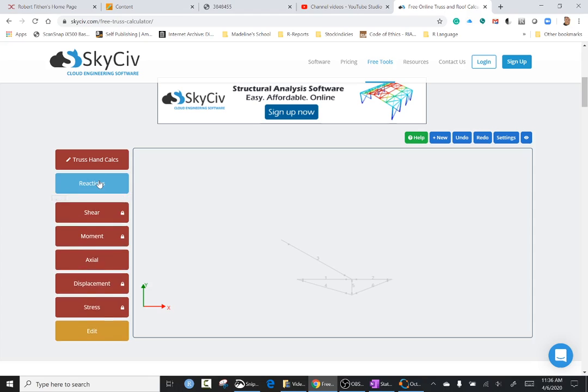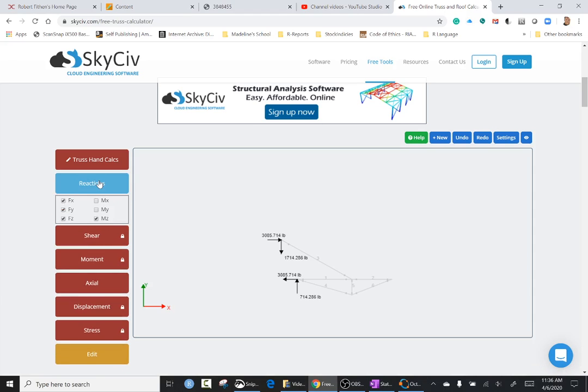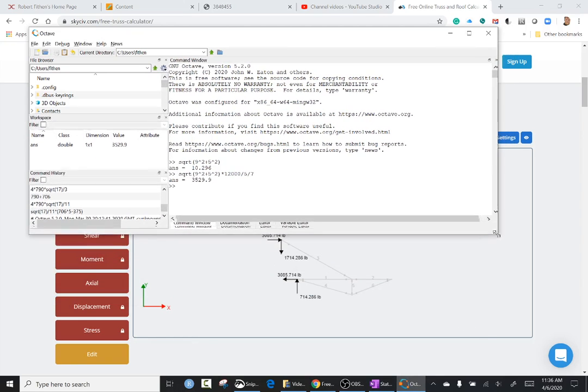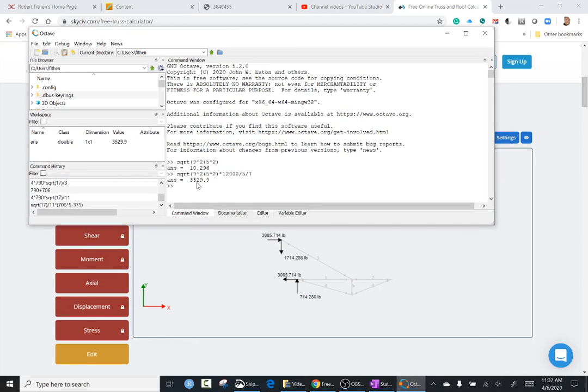Let's look at the reactions. Okay, so it gave me the reactions here. The first thing I'm going to look at is this reaction. I'm going to bring up Octave. If you remember, this is the value I ended up with. Well, let's take a look at some.